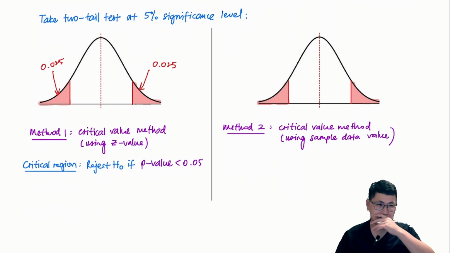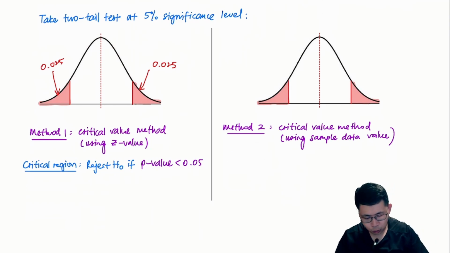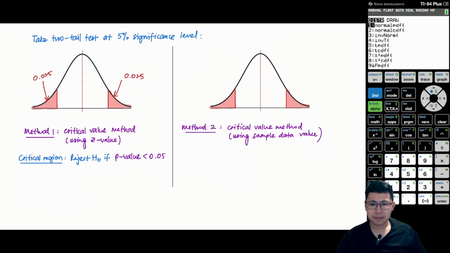Because of that, I'm going to look at the corresponding z value over here. So let me settle this one first. We have an area over here, 0.025. In order to get this value, I'm going to use inverse normal. Let me show you my calculator. Inverse normal, the area over here would be 0.025.